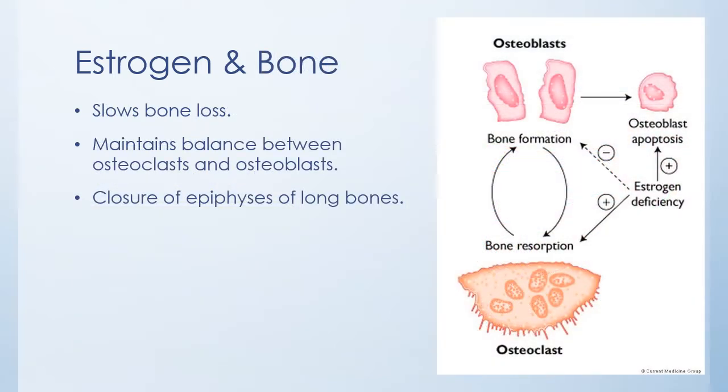Similar to testosterone, estrogen also has effects on bone loss. Estrogen maintains the balance between osteoclast and osteoblast, which I mentioned earlier. It's also involved in the closure of the epiphysis of long bones, and this is also true with testosterone.